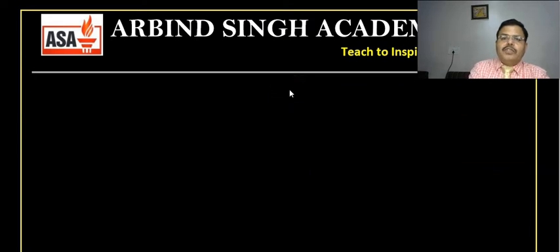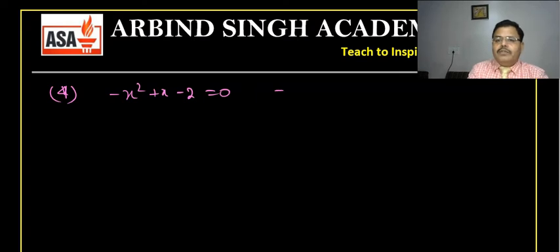Now the next question, question number 4, and 4 is minus x square plus x minus 2 is equal to 0. In that way also this can be written further as x square minus x plus 2 is equal to 0.